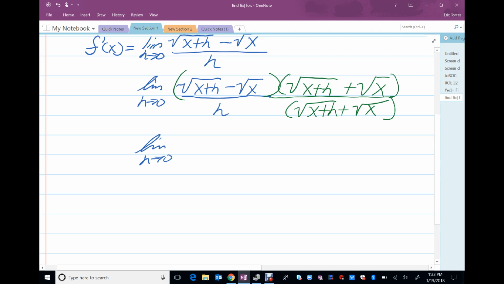So if this first object is a, and the second object is b, it's going to be a squared minus b squared, so the square root of x squared is just x, all over h, and I'm going to leave the bottom alone because it cannot be simplified.